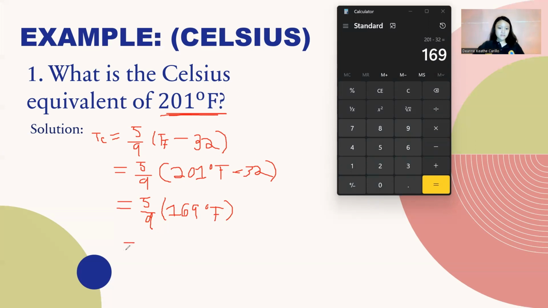The next step is, let's copy the 5/9 first. And let's have a bigger open and close parentheses because we will be having a multiplication.